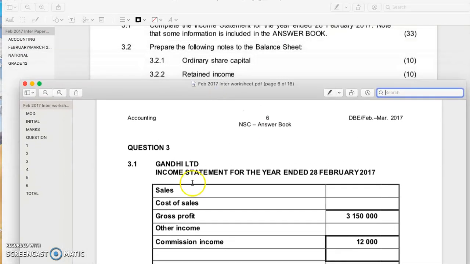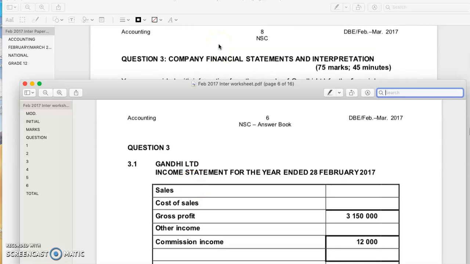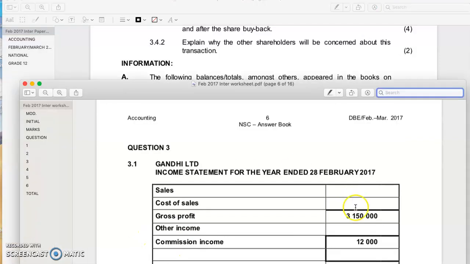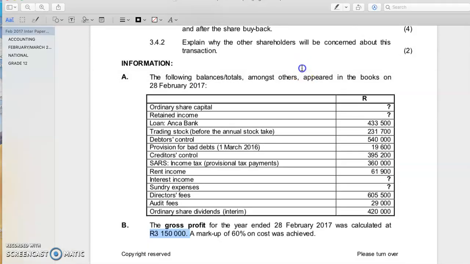First is sales, and if we look in our additional totals, our trial balance totals, there is no sales here, and there's no cost of sales either. But when we read B, it says that the gross profit for the year ended 28th February 2017 was 3,150,000. And they've already written that in for us, right?